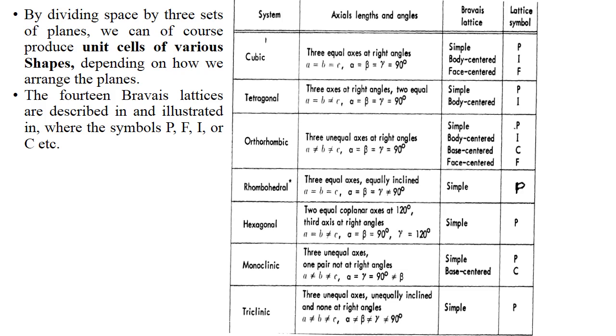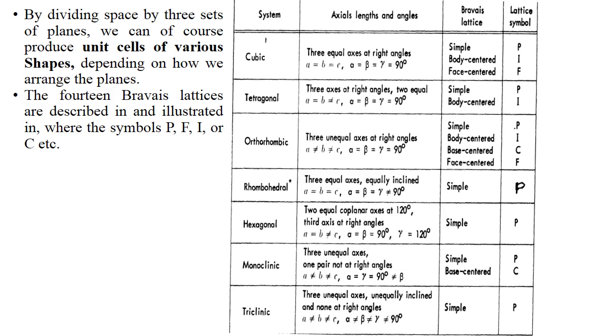The 14 Bravais lattices are described and illustrated with the symbols P, F, I, and C, etc. In the following table, the 7 crystal systems are given. The first one is cubic, second tetragonal, then orthorhombic, rhombohedral, hexagonal, monoclinic, and ultimately the triclinic.